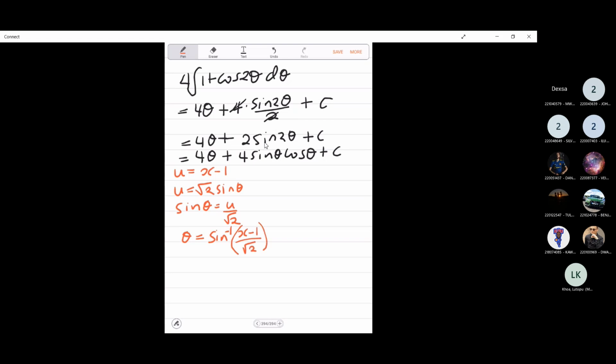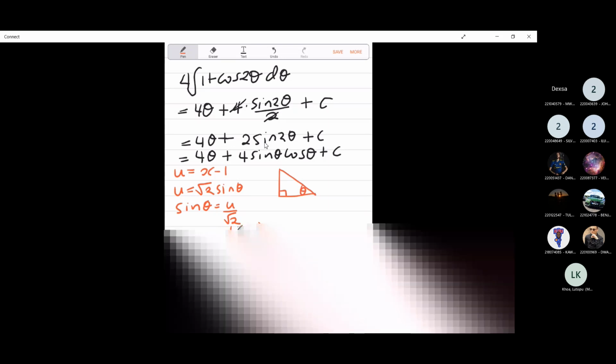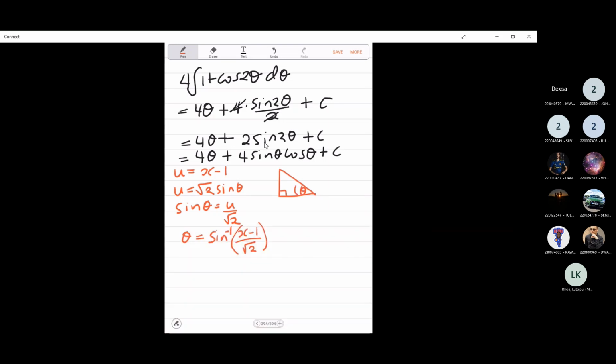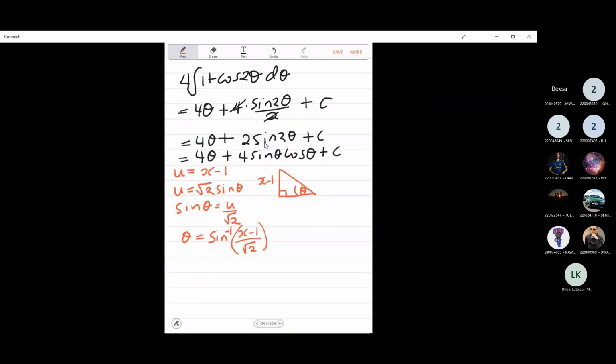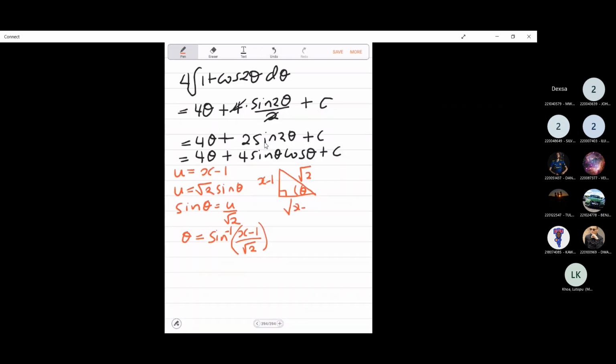And then cos theta, we need our triangle. This is theta here. This is u over the square root of 2, that's the opposite, x minus 1 over the hypotenuse. And this side here will be the hypotenuse. This is 2 minus x minus 1 squared.